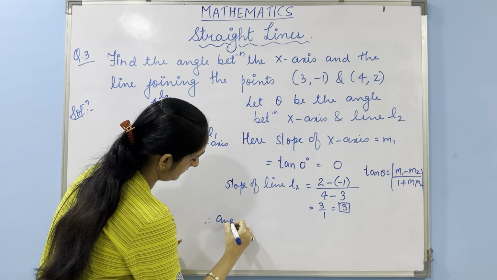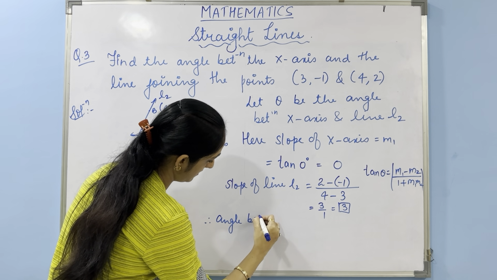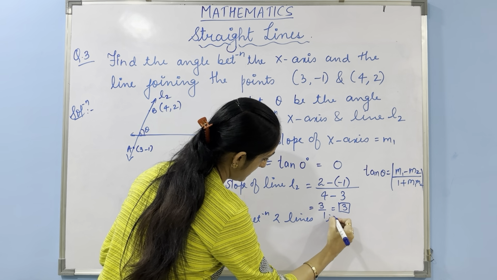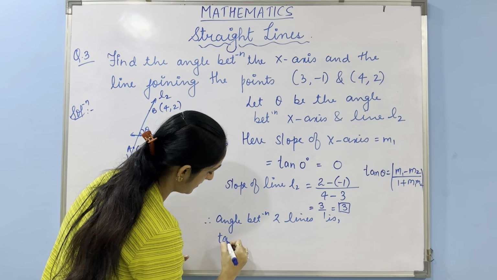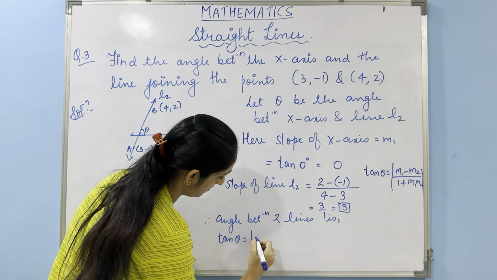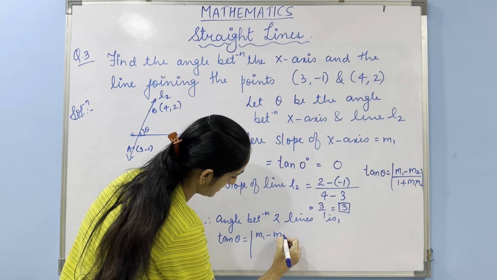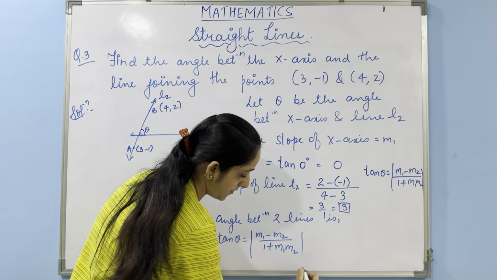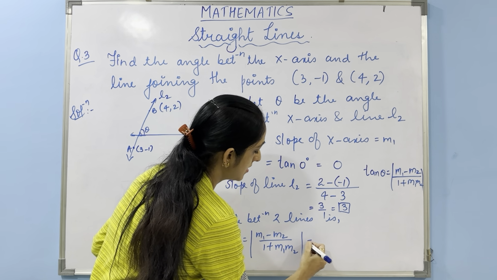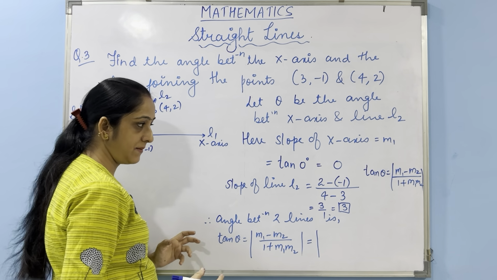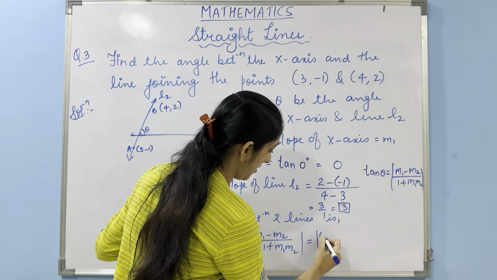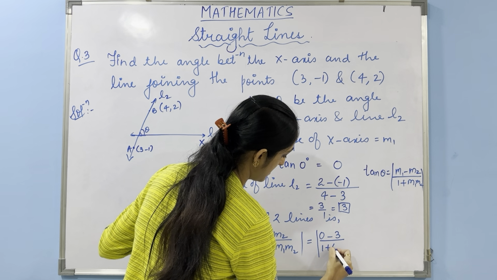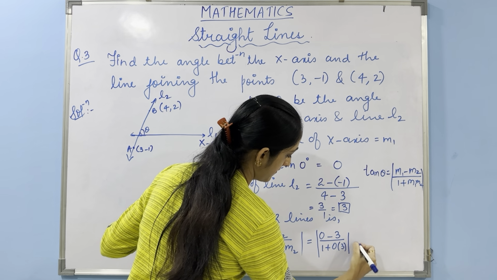Therefore, the angle between two lines is, we will write the formula, tan theta is mod of m1 minus m2 divided by 1 plus m1 m2. We will use this formula. Now let's substitute for m1 and m2. m1 is 0, so minus 3 upon 1 plus 0 into 3.